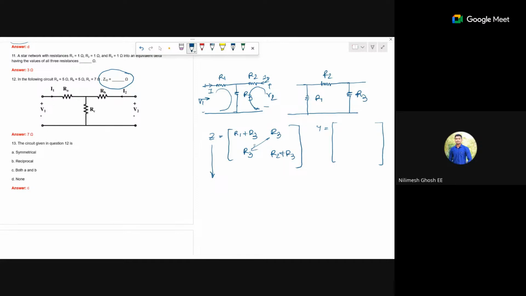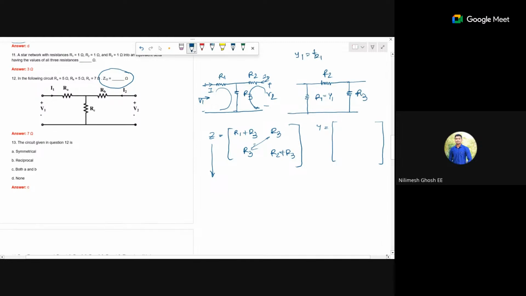Similarly, for the pi network, if someone tells you to find the Z matrix, you will find the Y matrix and directly invert it. Only this you have to do. So if this is R1, and the impedances are given, we have to first convert them to admittances. R1 gives Y1, which is 1 by R1.